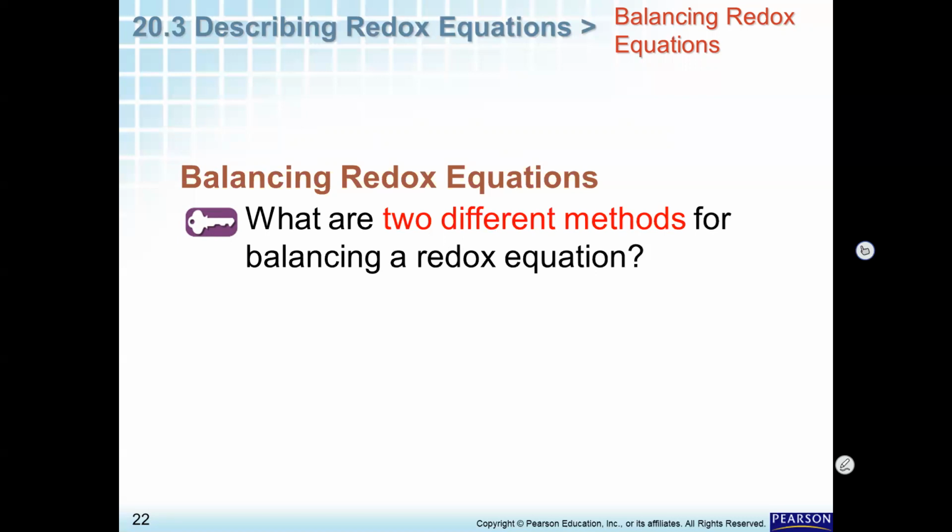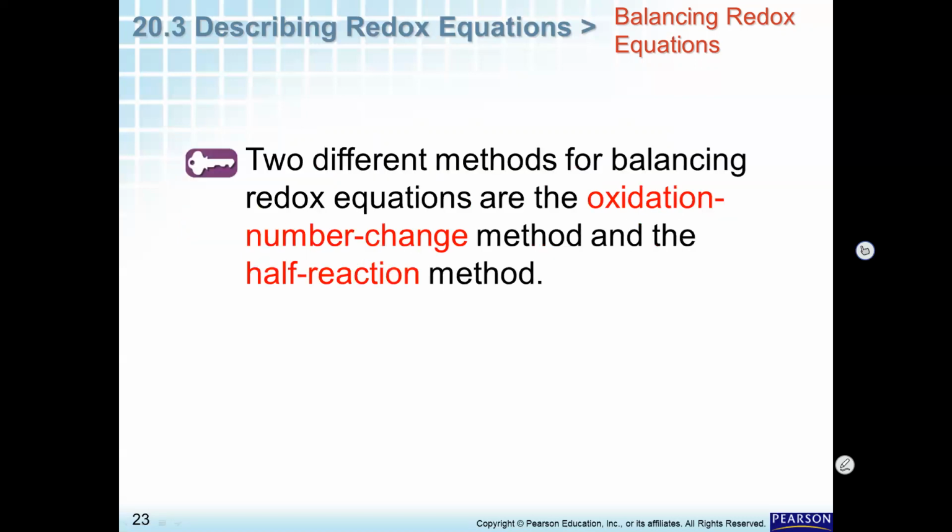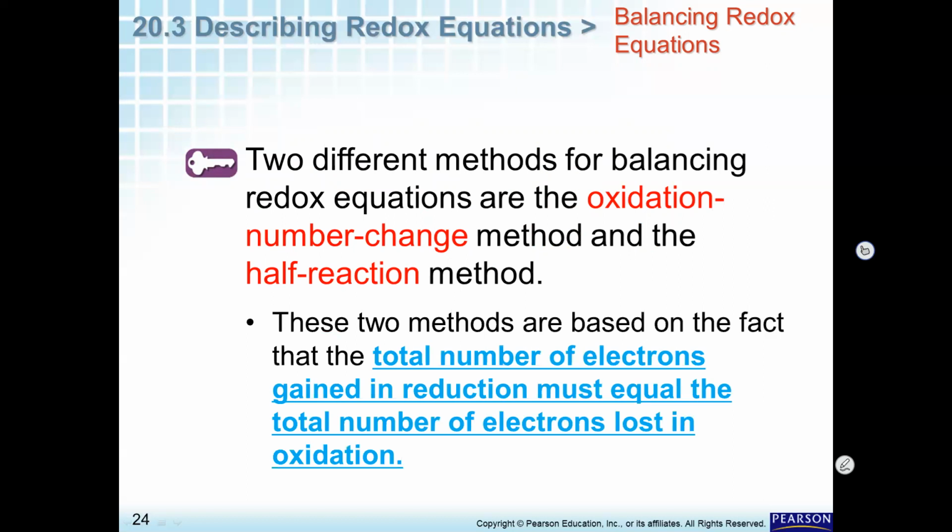And then if it is a redox reaction and it is unbalanced and you want to balance it, then you have to use one of these two methods, which is oxidation number change and the half reaction. كل واحدة راح نشرحها separately. What is the main concept في both methods؟ بيعتمدوا على one main concept, and that is the total number of electrons that are gained is equal to the number of electrons that are lost.